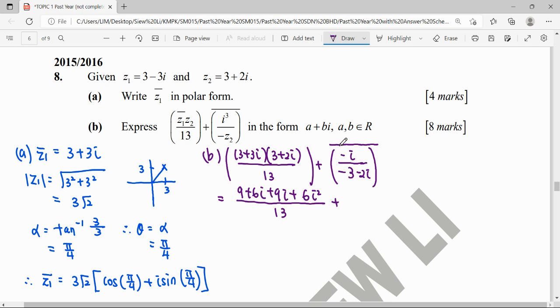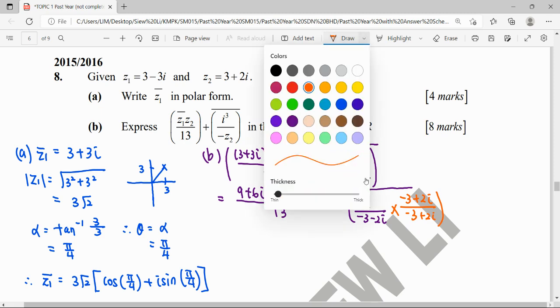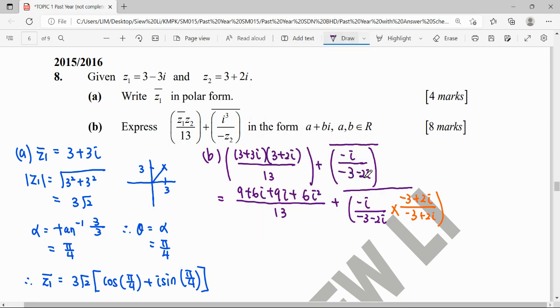So at the same time, we have to find the conjugate of this answer. So notice that here is a division for our complex number, negative 3 minus 2i. So what we need to do is multiply by its conjugate, which is negative 3 plus 2i.